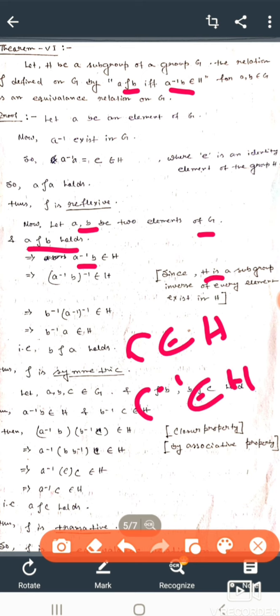So the inverse of A inverse B also belongs to H.